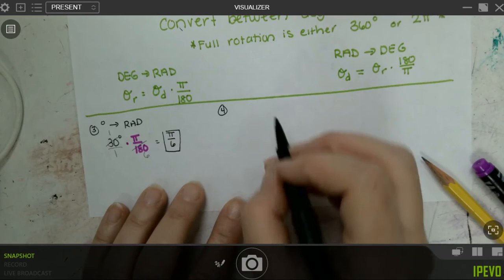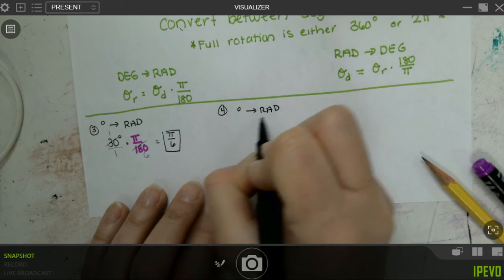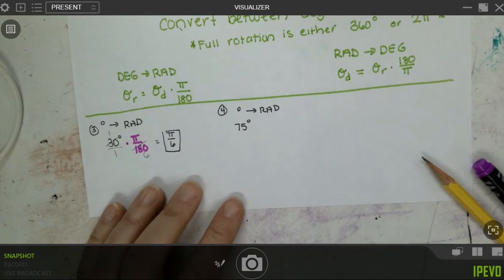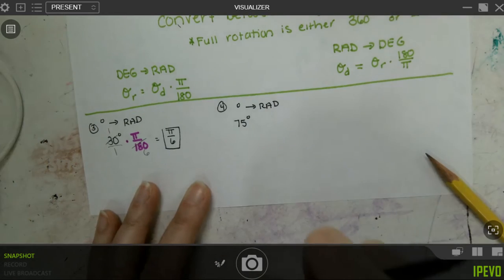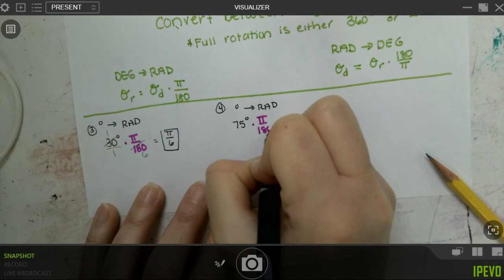All right, you try this one. 75 degrees. Pause the video and put that into radians, and then unpause and check. All right, hopefully you did this. We're going to multiply by pi over 180 to convert.